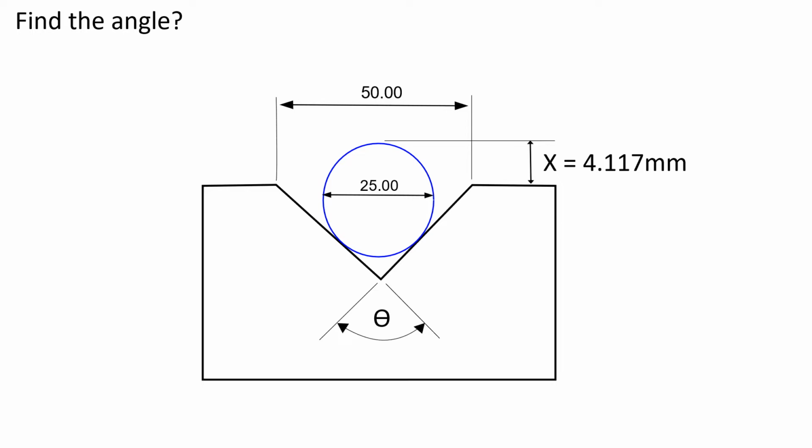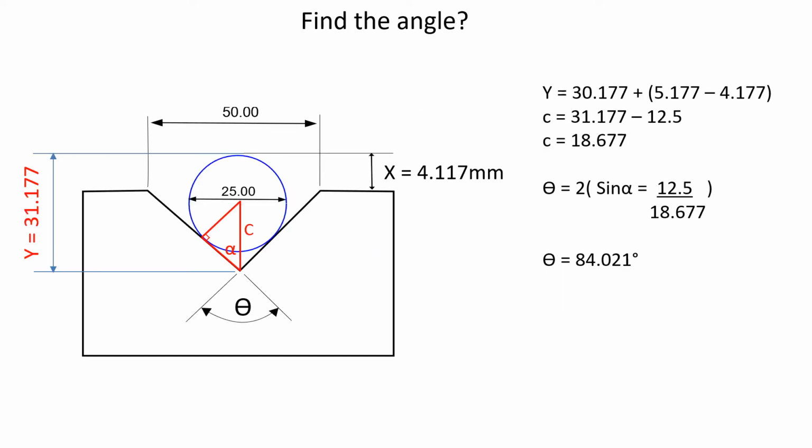Finding the angle. Using the previous example, I've measured 4.117mm for X. What's the angle now? In this example, I know what X should be. I subtracted what I measured for X and added it to the Y dimension.